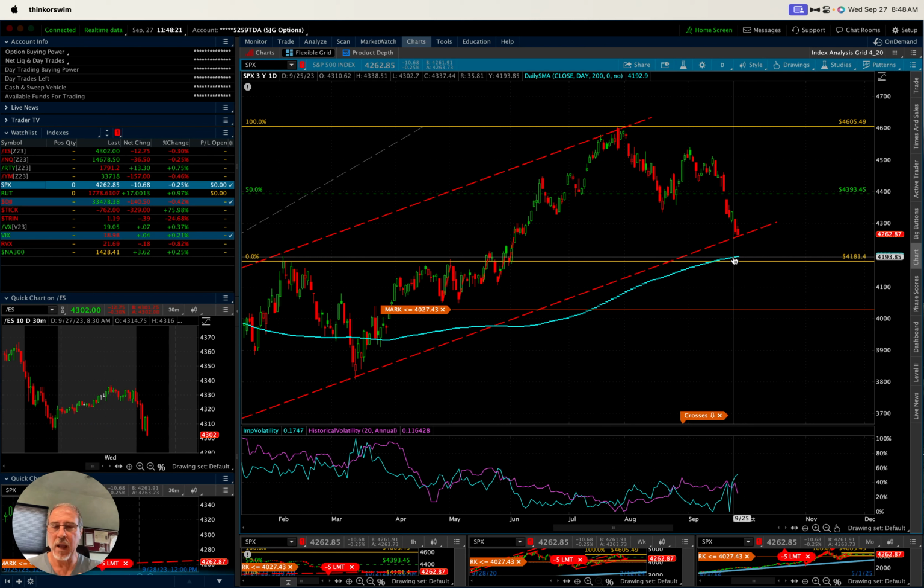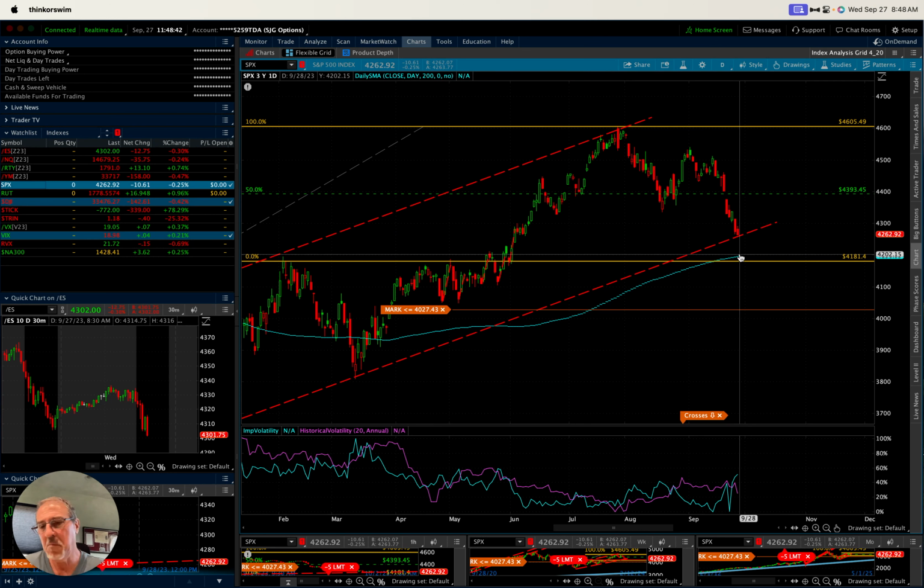That before we had all of the increasing complexity of Fibonacci's and Elliott waves and all the different ways people can measure the markets, this was one of the simplest ways that many traders, many long-term investors would use to measure the market and when might be a good time to buy.